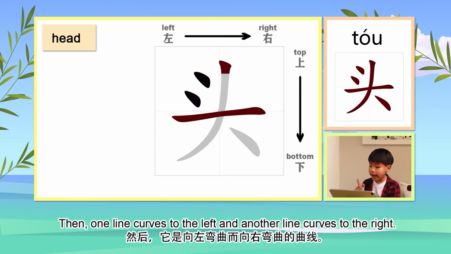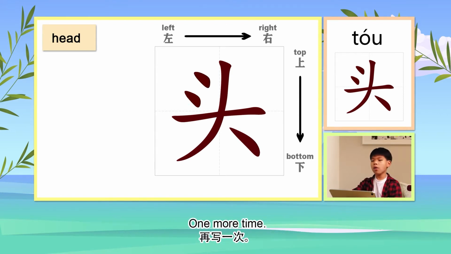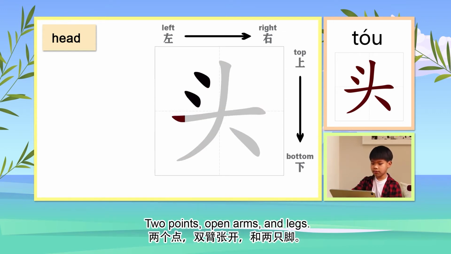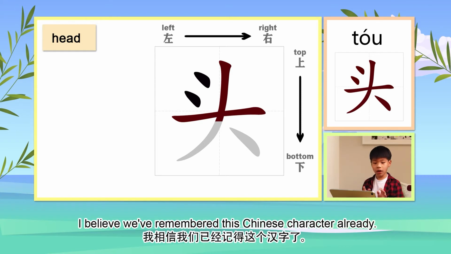Then one line curves to the left and another line curves to the right. One more time. 2 points, open arms, and legs. I believe we've remembered this Chinese character already.